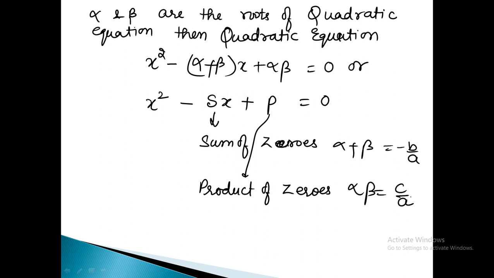Now the next chapter is arithmetic progression.